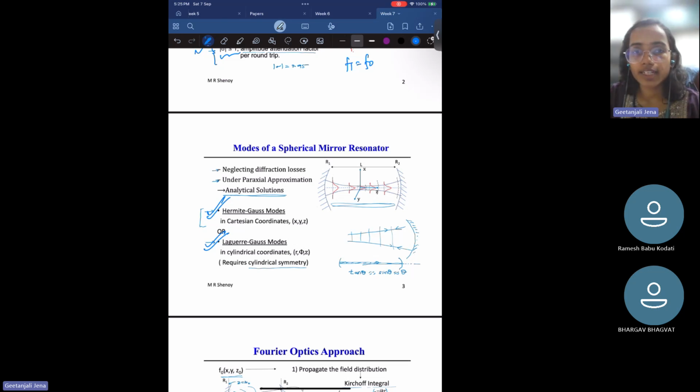So in that case, we will get the Hermite-Gauss solution. And if the mirror resonator satisfies cylindrical symmetry, then we can solve this problem in cylindrical coordinates, which is r, phi, z. So in that case, we'll have Laguerre-Gauss modes. We'll see Hermite-Gauss in this course.